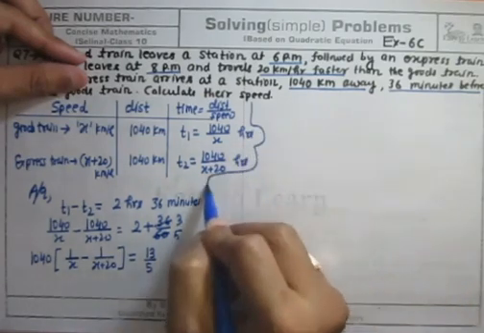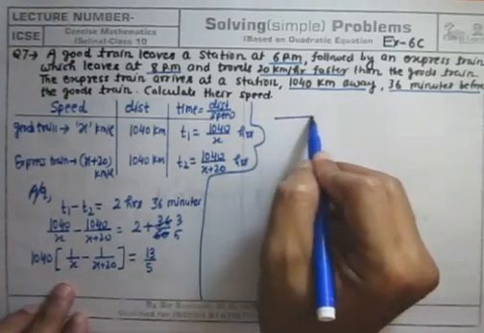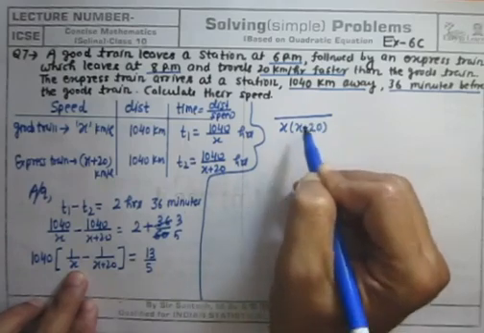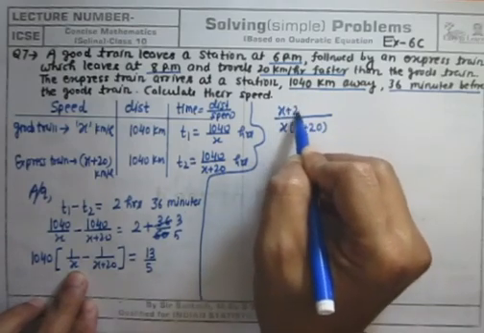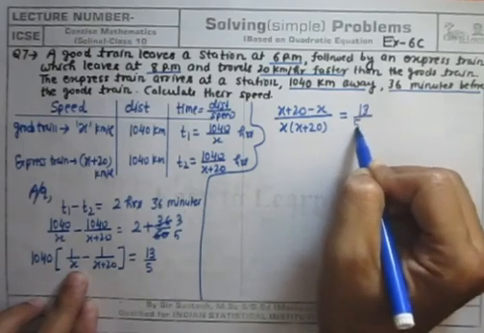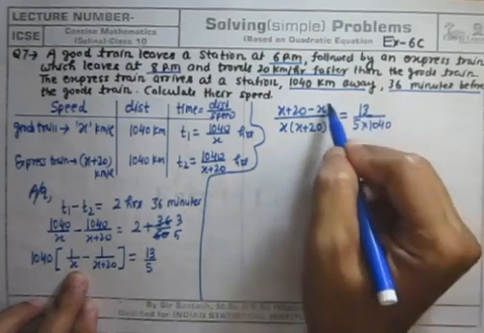Now shift this one this side and on the left hand side take LCM. So x into x plus 20, here it will be x plus 20 minus x is equal to 13 by 5 into 1040. So x is cancelled.